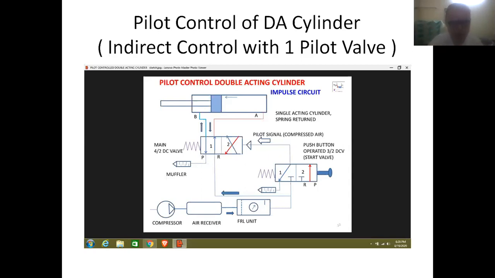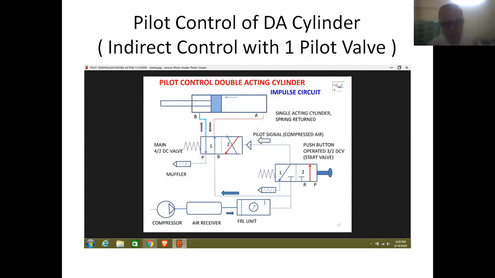Therefore, by virtue of spring action, the element of the DC valve moves in forward direction, and it will be coming to second position. So friends, first position of the pilot valve is used for putting the DC valve in first position, and second position of the pilot valve is used for putting the DC valve in second position.